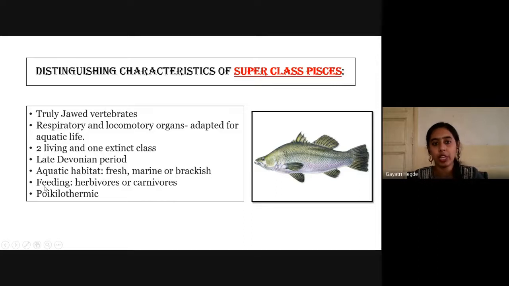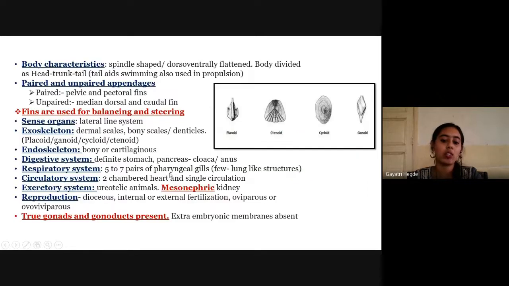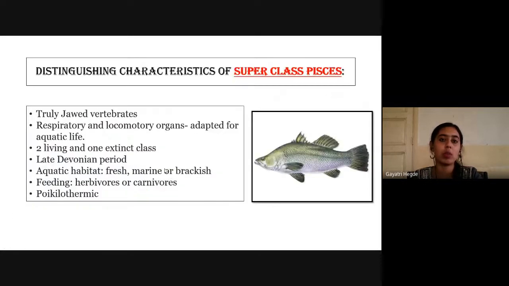Coming to the feeding habits, fishes can be herbivorous or they can be carnivorous. But all the fishes are poikilothermic. Poikilothermic means cold-blooded animals. Okay, so these are general characteristics. Not everything applies to every single fish. So whatever applies to all fishes, we will write.